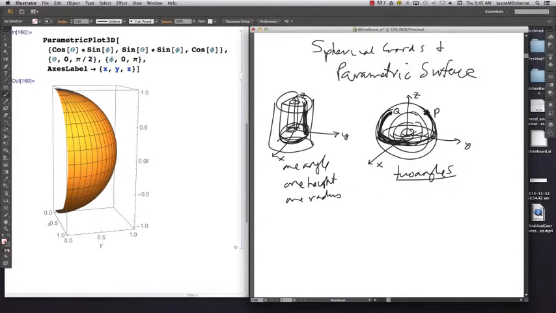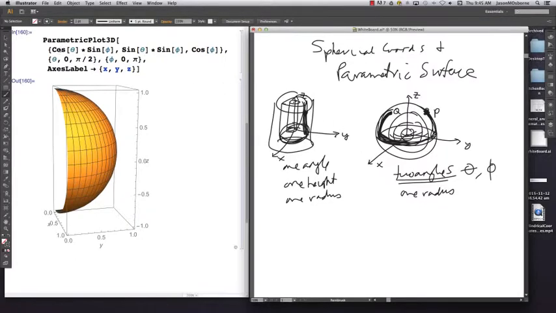So in spherical coordinates, trying to describe a point P as being on a sphere of some radius, you're going to have one radius and two angles. Those two angles are given the names theta and phi. Okay, and let's see if we can figure out what theta and phi represent.